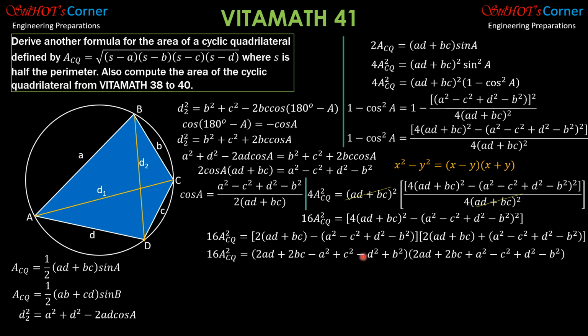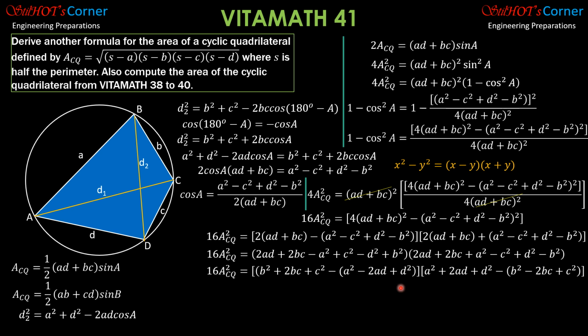So B squared plus 2BC plus C squared as one group, then minus, so 16 area of cyclic quadrilateral squared equals quantity B squared plus 2BC plus C squared minus quantity A squared minus 2AD plus D squared, close.